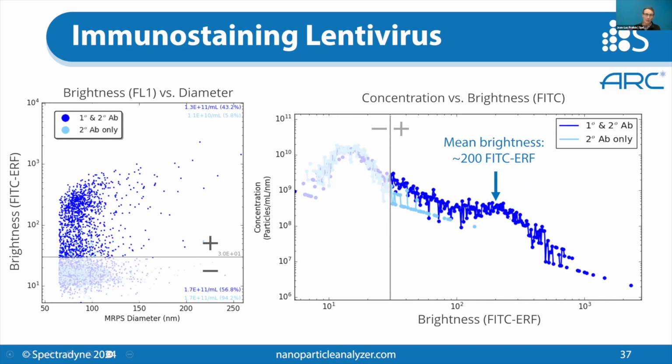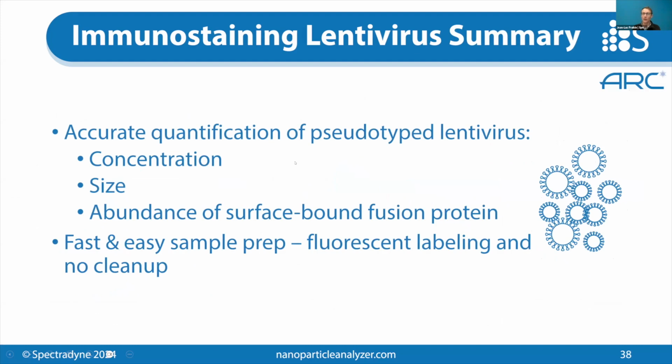And so that allows you, in a virus production environment, to compare different formulations and understand how well your virus is expressing the fusion protein on its surface. Okay. So here's an example that shows how the ARC was able to quantify this pseudotyped lenti for concentration, size, and the abundance of surface-bound fusion protein in a very fast, easy workflow.